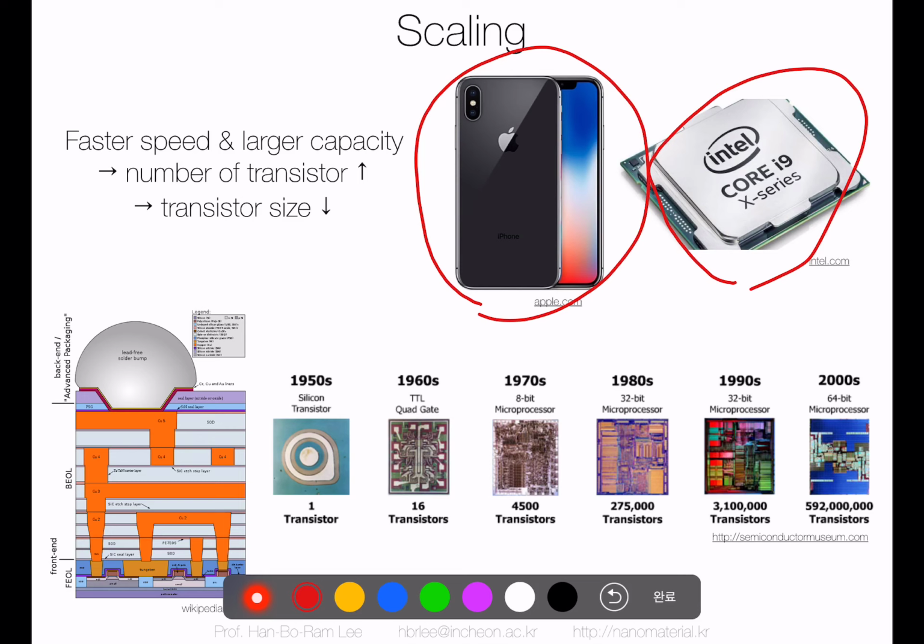So we have very limited area, and to get higher speed and larger capacity, we have to increase the number of transistors within a limited lateral size. That means we have to decrease the transistor size.